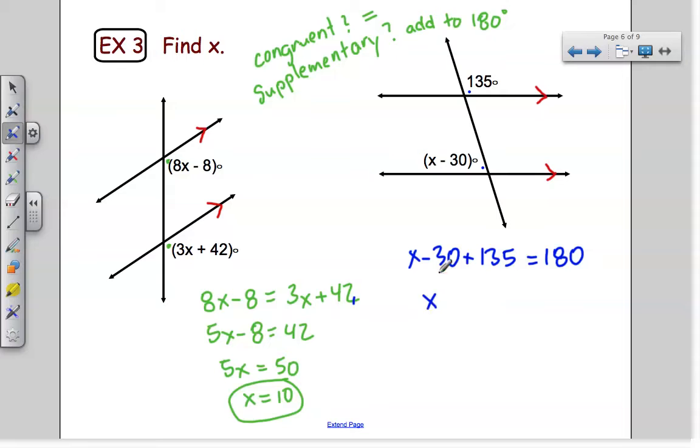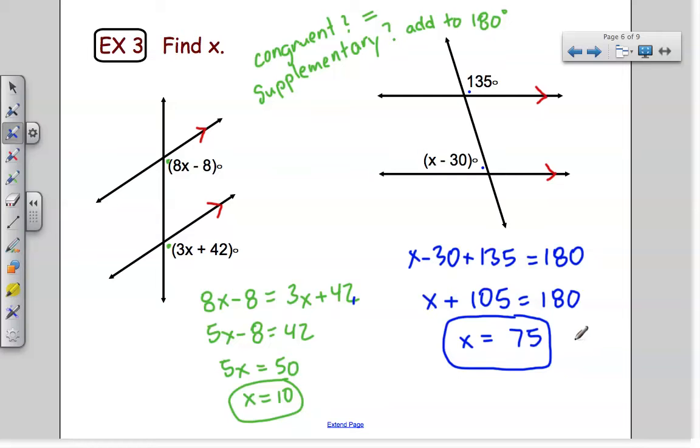Combine like terms, negative 30, positive 135. So this would be x plus 105, and that equals 180. I'll subtract 105 from both sides, and x equals 75. So again, if two parallel lines are cut by a transversal, your options are they might be congruent, so set them equal, or they might be supplementary, so add them up to 180.